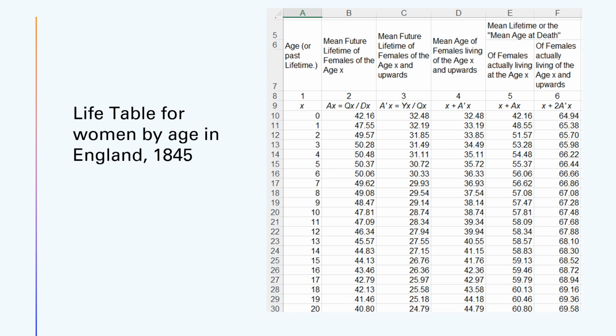So the mean age at death that women could expect at birth was the same as the life expectancy. But you can see that this mean age of death starts to increase. So by the time we get to the bottom of this table, for women of age 20 in 1845, the mean age of death was 60.